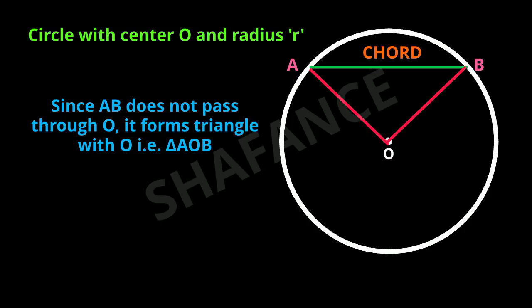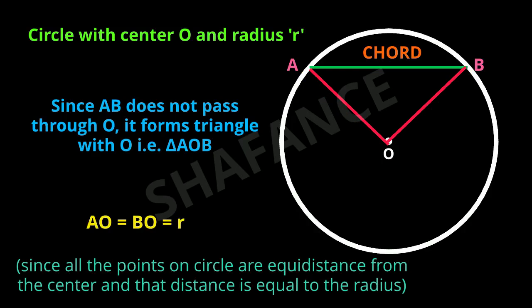Now we know that AO is equal to BO is equal to the radius of the circle, since all the points on the circle are equidistant from the center, and that distance is equal to the radius of the circle.